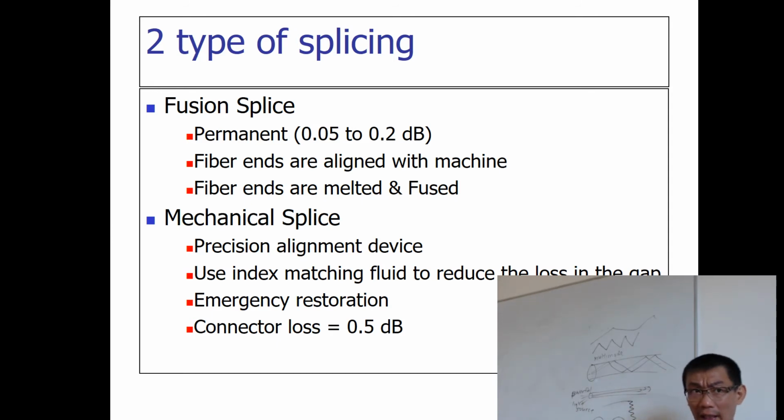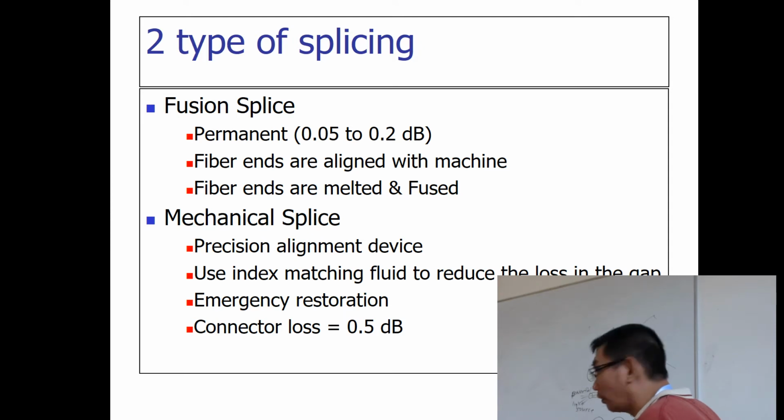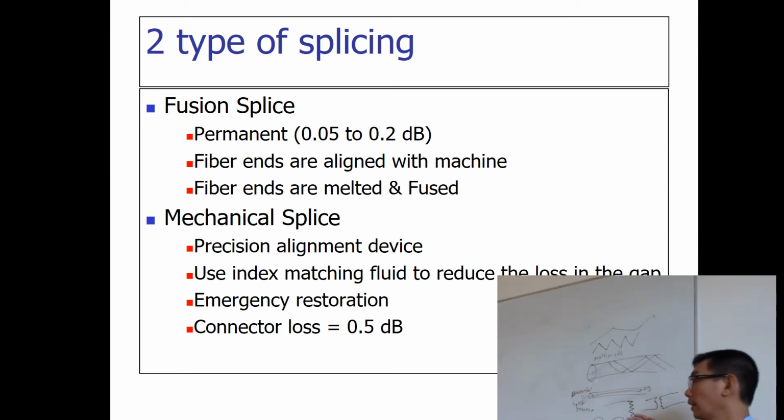Another type is a mechanical splice. You join the fiber using a mechanical splice. Then there's a gap here, isn't there? So what happens in this gap? You put in some fluid, because this is glass and this is air, so the index difference is very big.